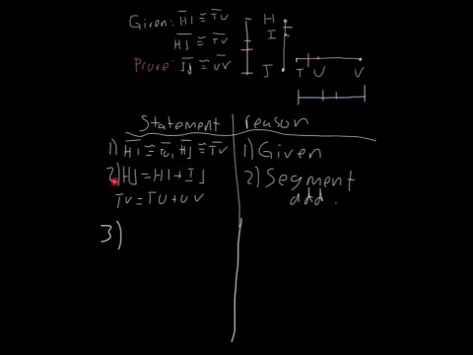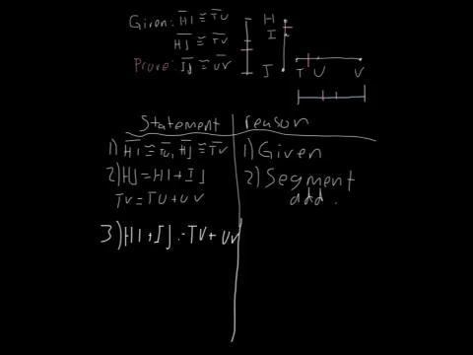Well, I've got HJ here and TV here, so maybe I can set these two things equal to each other. Let's see what that gets me. So we can say that HI plus IJ is going to equal TU plus UV.